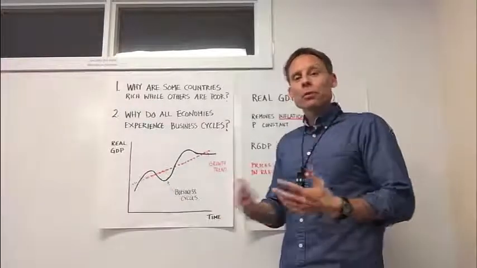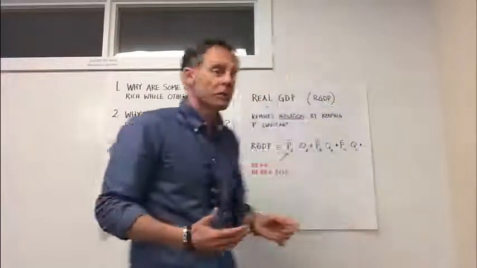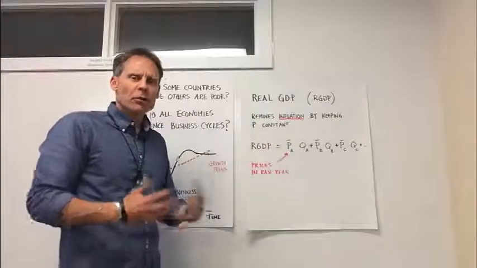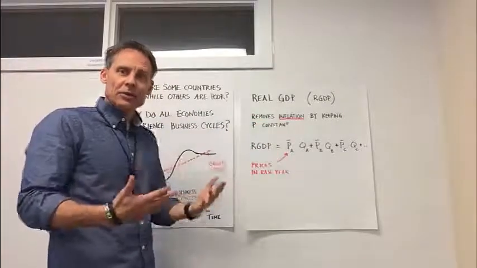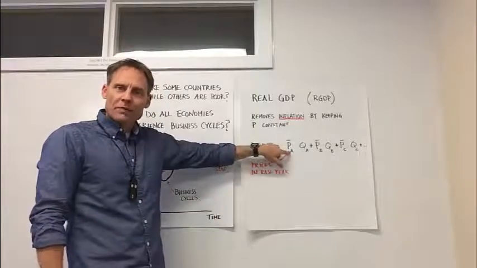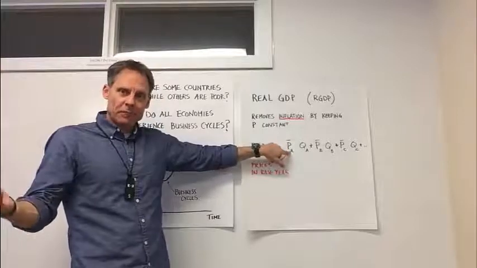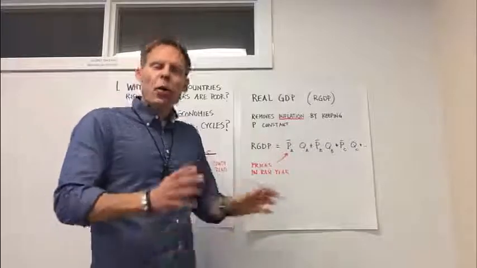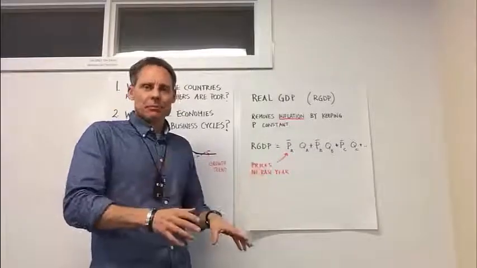Okay, to remove the impact of inflation, real GDP keeps prices constant. And the way real GDP in the calculation achieves that is by using a price level from a base year. So whenever you calculate real GDP for a particular year, you always keep the prices exactly the same.